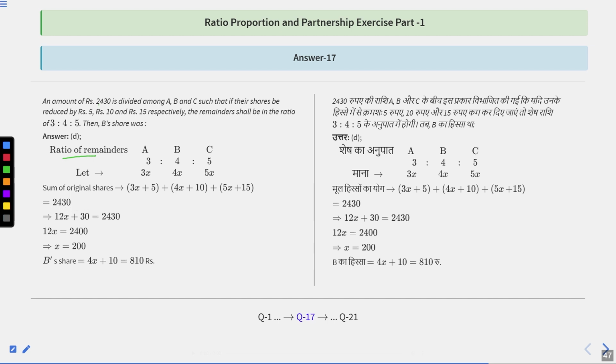It is given in the question. Clear? So when you solve it, you get 12x + 30 = 2430. It means 12x = 2400. So x = 200. Now, the question asked is B's share. So B gets 4x + 10. We put x = 200, which becomes 810, the correct answer. Next one.